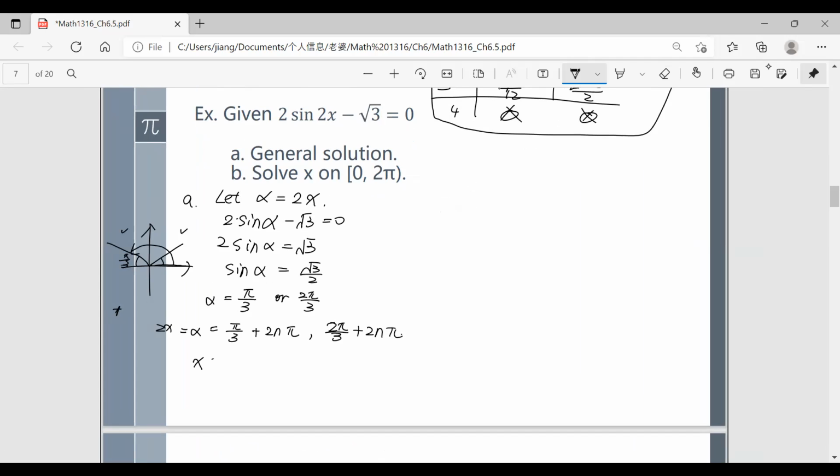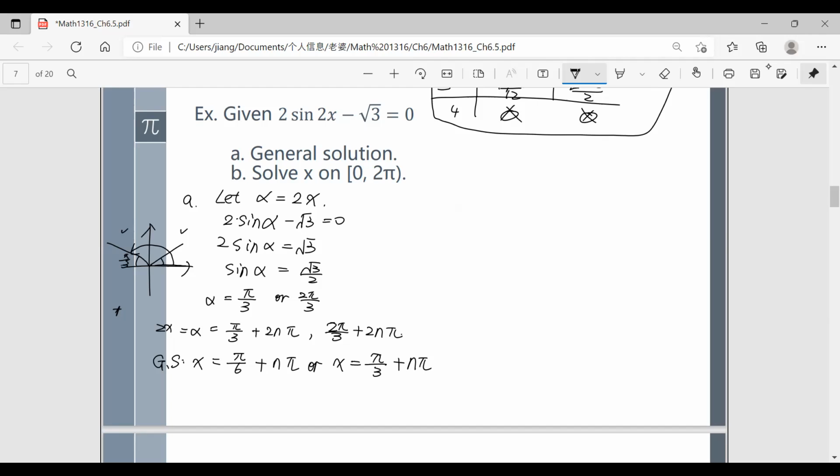So the general solution, GS, for the x, just divide all of them by 2. So here, pi over 3 becomes pi over 6. Here is n pi. Or x equals this expression divided by 2, which is pi over 3 plus n pi. This is a general solution.